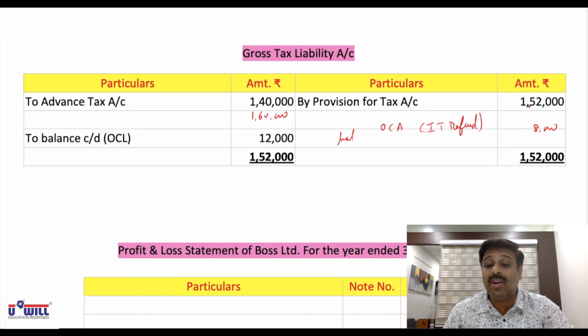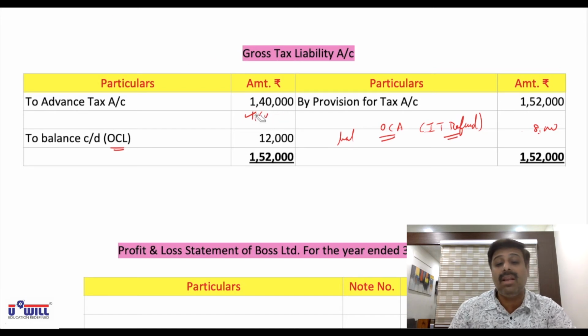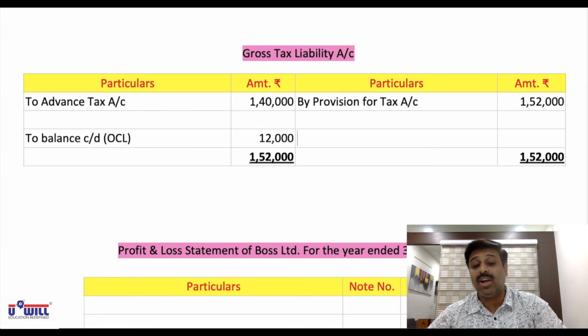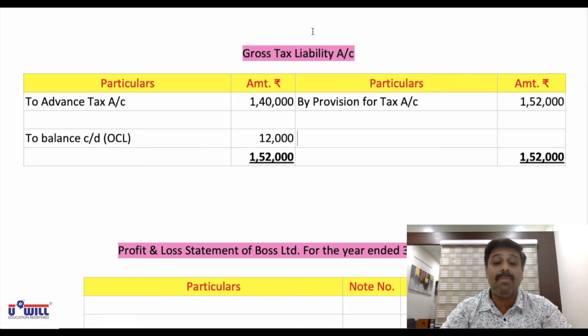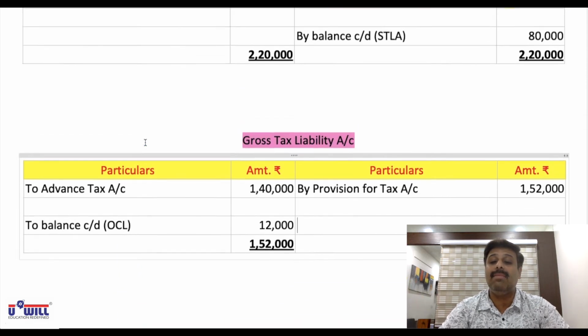Instead of other current liabilities, it would appear in other current assets. Okay, here against 1,52,000, we had paid only 1,40,000. So the remaining 12,000 still payable will appear in other current liabilities.